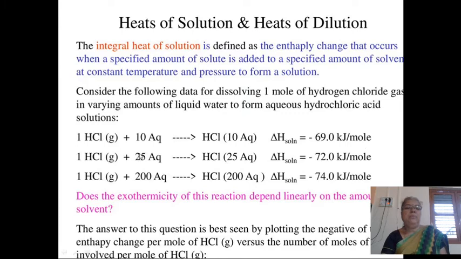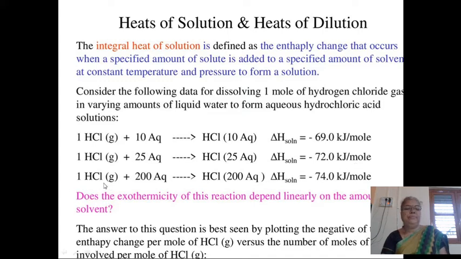Again, if we vary the amount of solvent, and we dissolve 1 mole of HCl gas in 25 ml of water, then we produce a 1 molar, 25 ml solution of HCl, and here the enthalpy change of solution is minus 72.4 kilojoule per mole.